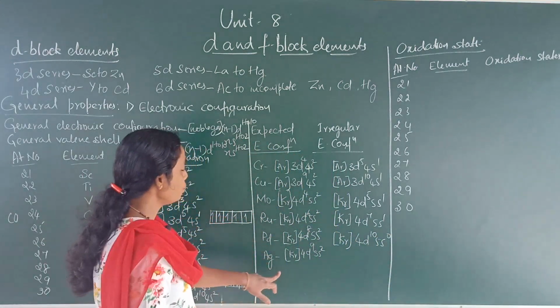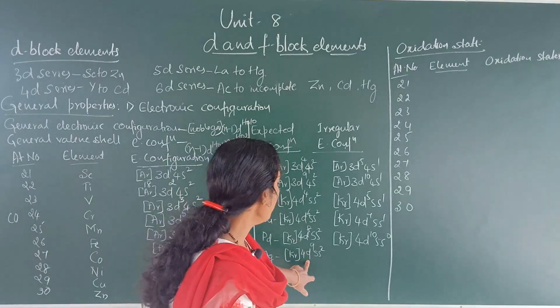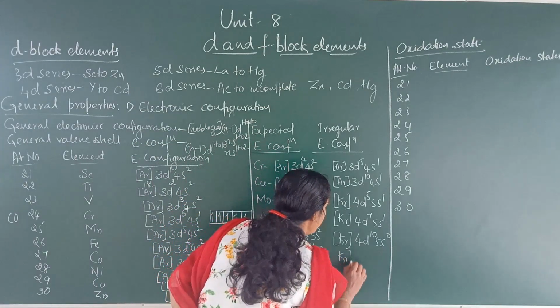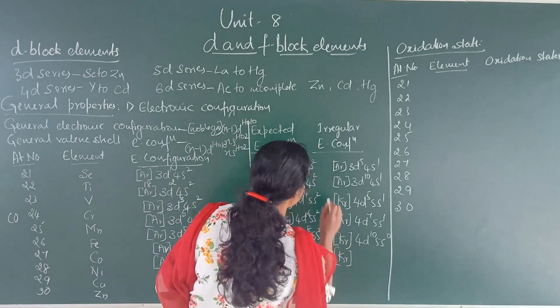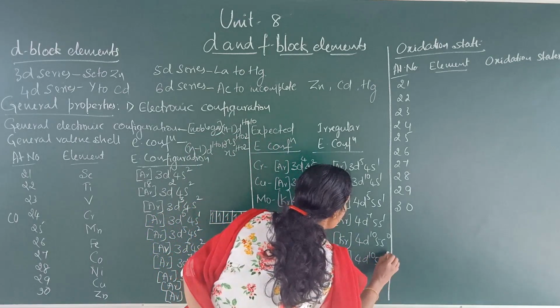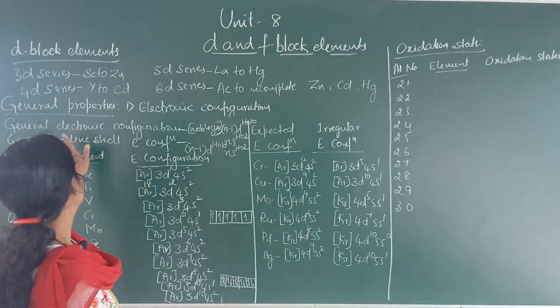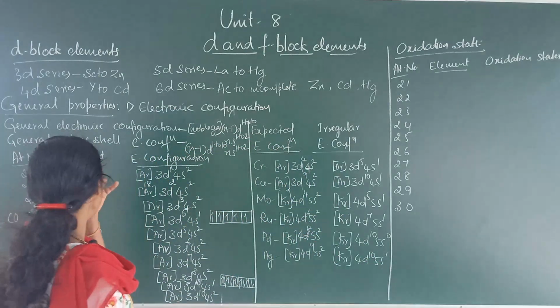The expected electronic configuration of silver is krypton 4d9 5s2, but the actual electronic configuration of silver is krypton 4d10 5s1. Okay, this is regarding the electronic configuration of the d series elements.